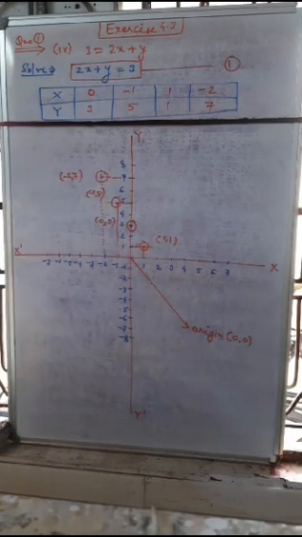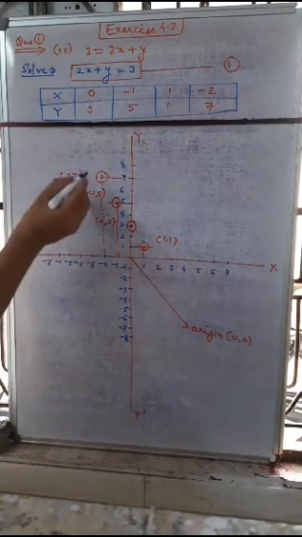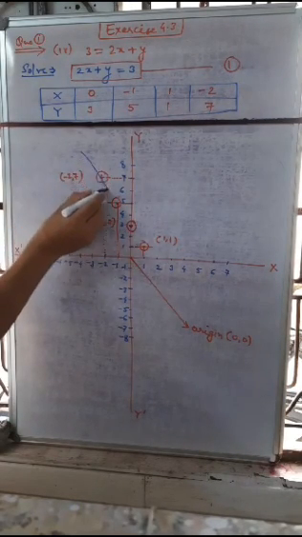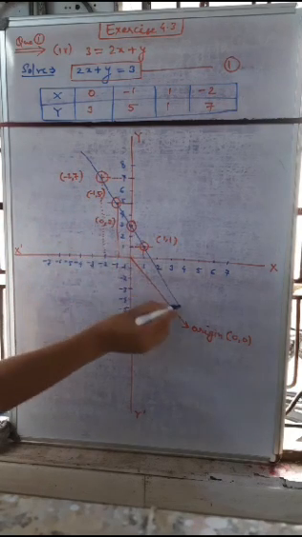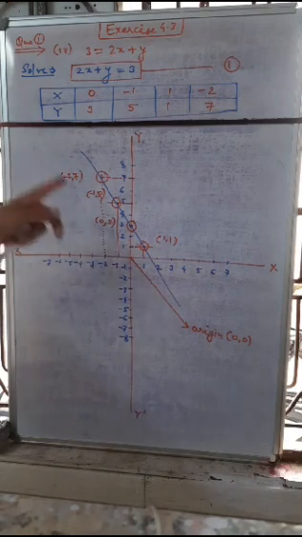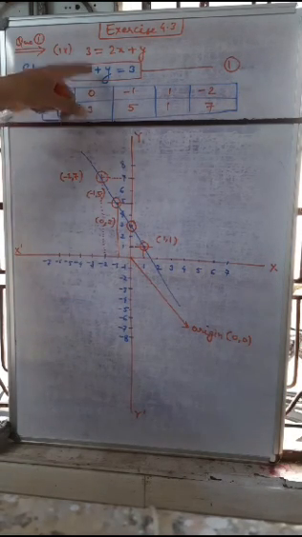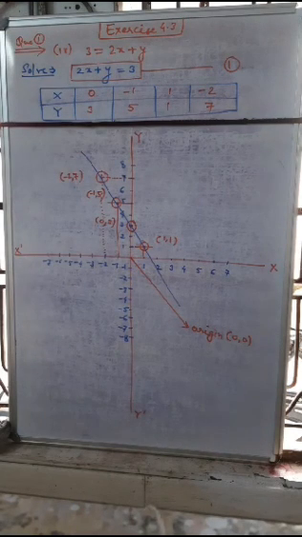At the end we will join these points to construct a straight line. So similarly we will draw these points to construct the straight line, and this is the graphical representation of a linear equation. So it is very important.